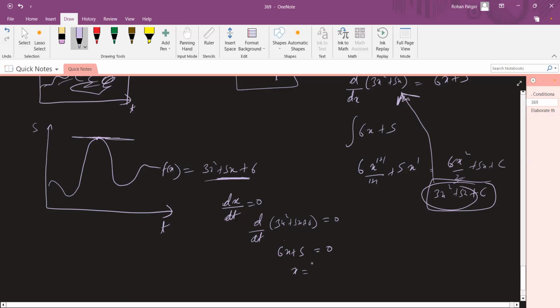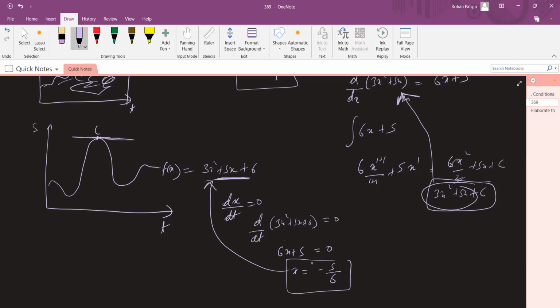So we can find x equal to minus 5 by 6. If you put x here, we'll find the coordinate of y as well. So we can find at which point in time this car was at its top speed, and how much distance it had covered. So there are practical applications of this.